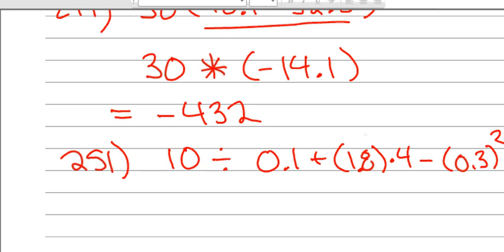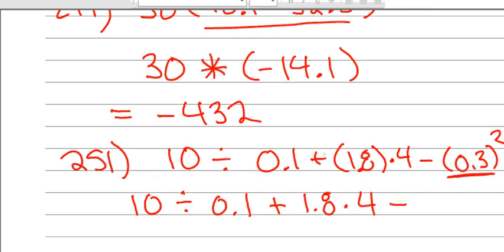So we have exponents. So let's do this first. I'm going to put in 0.3 with parentheses around it, raised to the second power, and I'm getting 0.09.